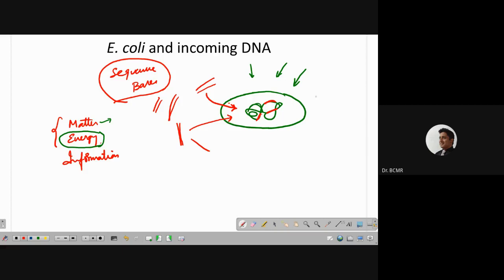It is causing mutations. I forgot to mention, when we were talking about our mutability chapter, that mutations are not always bad, right? Mutations can be beneficial, or they can be lethal, or they may not have any kind of meaning at all.